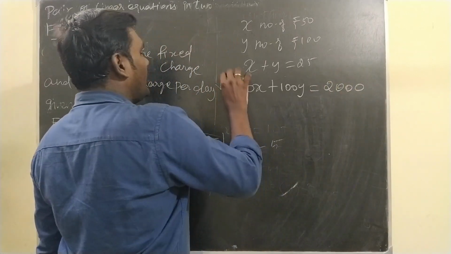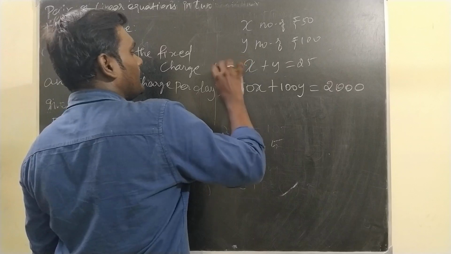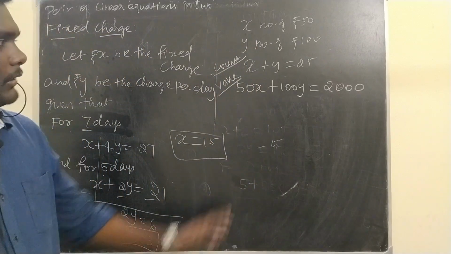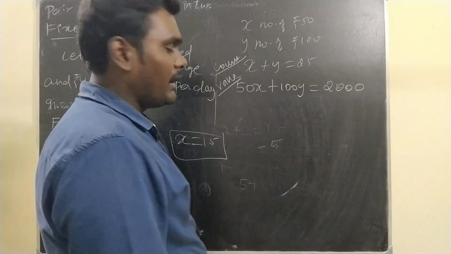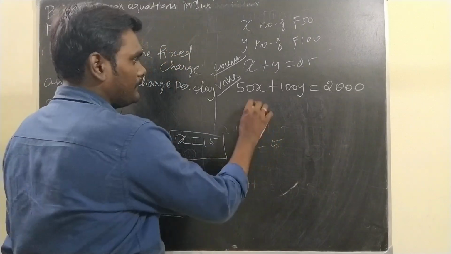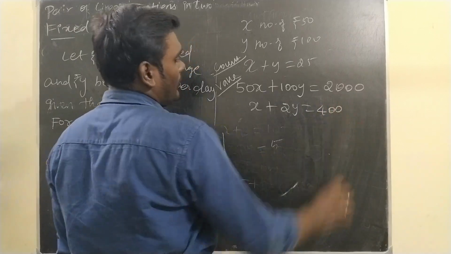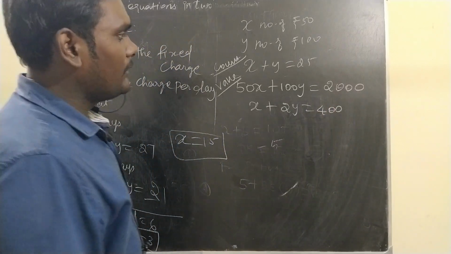So this is the value and the earlier one is the count. Now this can be simplified by dividing by 50 directly. So x plus 2y equals 40.